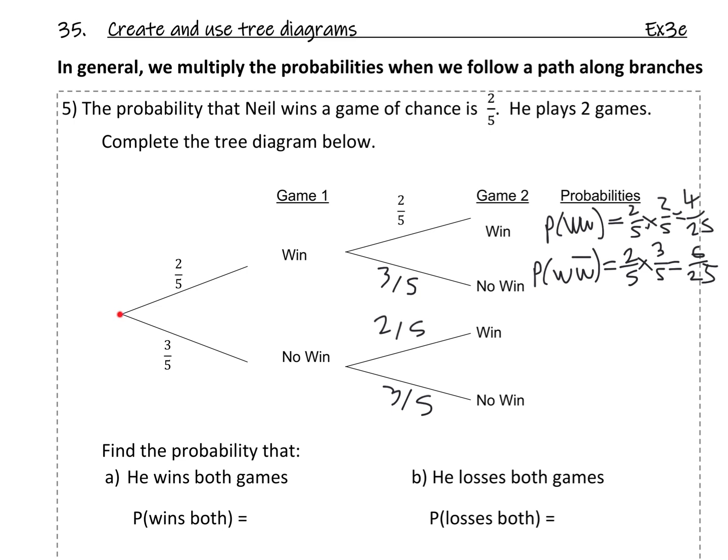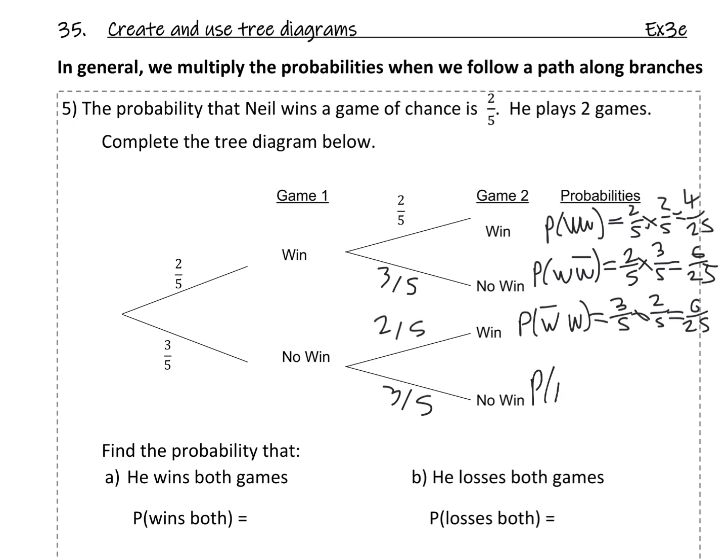Third option is that we don't win the first game and win the second game. So no win and win. Probability of no win and win. No win is 3/5, win is 2/5. That also gives 6/25. And finally, your final option is that you lose both games. So no win, no win.